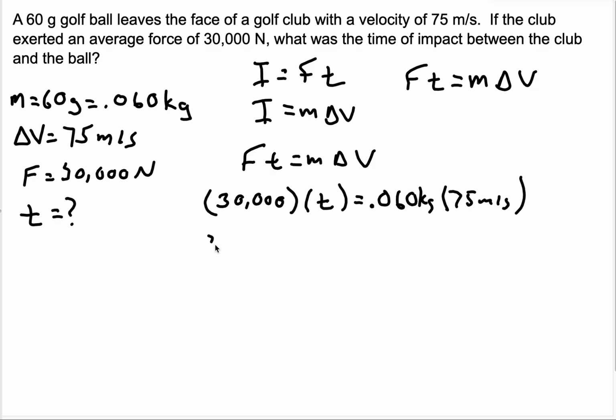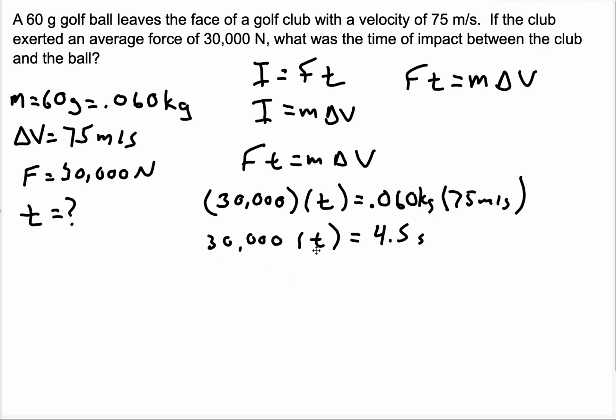So let's just do the arithmetic part of this problem. I have 30,000 times t. What's 0.06 times 75? Is it 4.5? Yep, okay, 4.5. My mental math is still doing okay this morning.